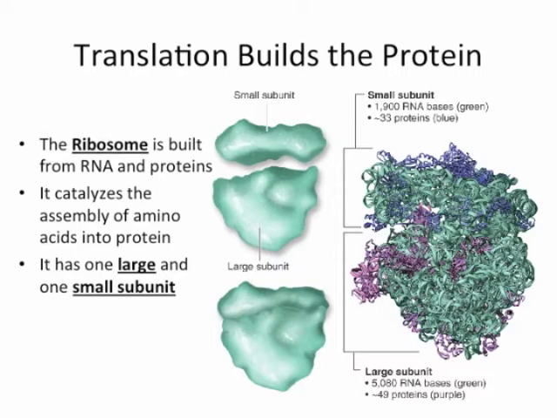So the green part here is rRNA, ribosomal RNA, and it's folded intricately like this. You can see lots and lots of folds to it. And the purple parts are proteins. You can see it's mostly RNA, 5,000 RNA bases, but it also has 49 proteins in it. It's a mixture of the two.